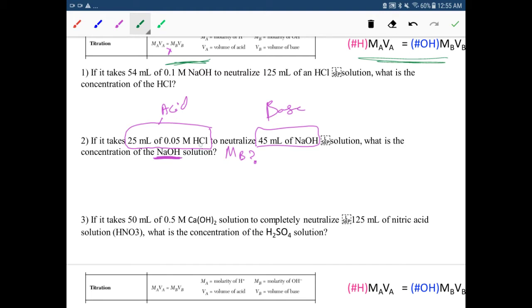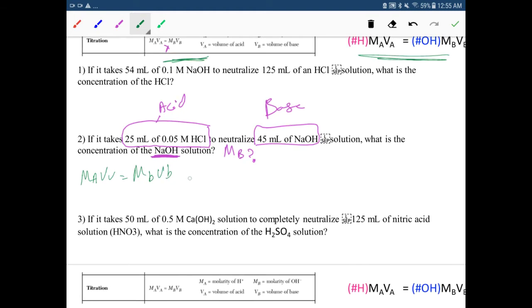Or you could use number of H times MAVA equals number of OH times MBVB, whatever you decide. But the chemistry reference table formula is sufficient here. So MAVA equals MBVB. All right. Now I'm gonna substitute.